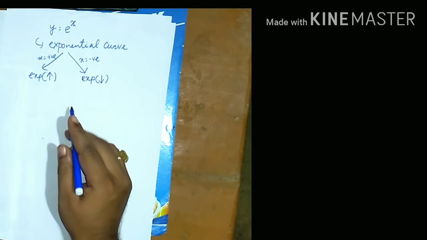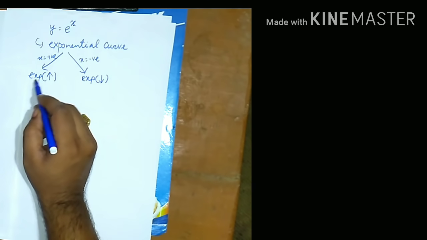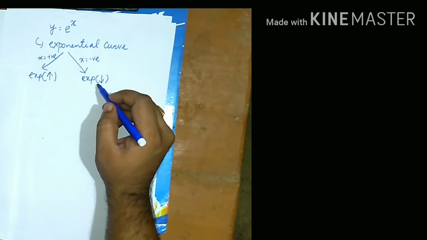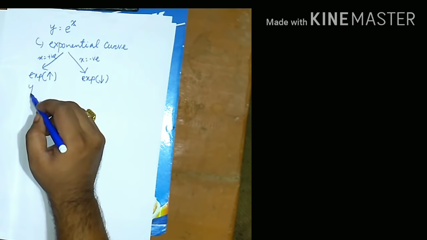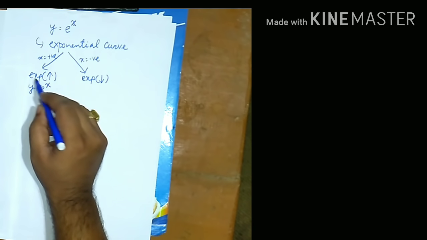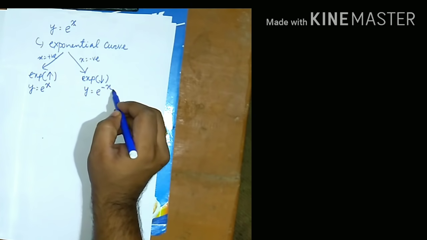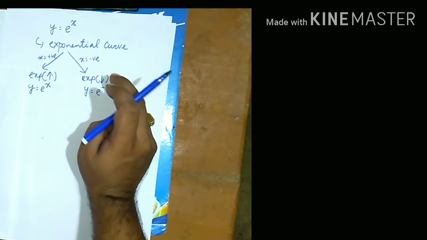So y is equal to e to the power x is exponentially increasing, and y is equal to e to the power minus x is exponentially decreasing curve.